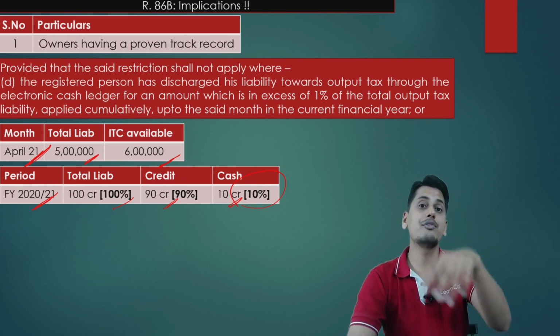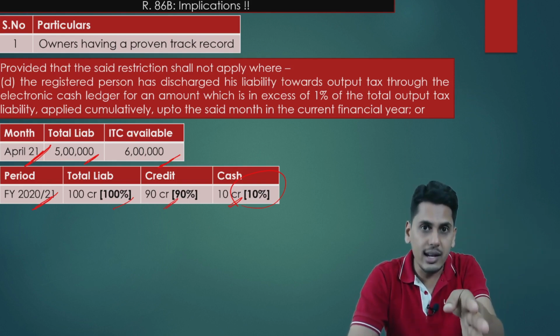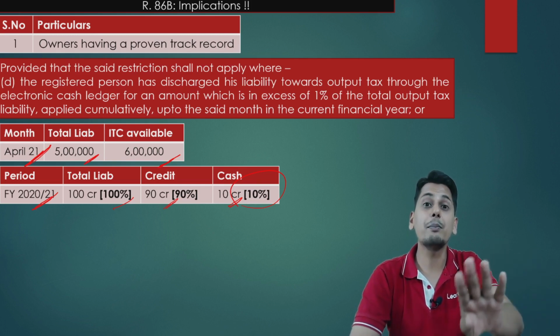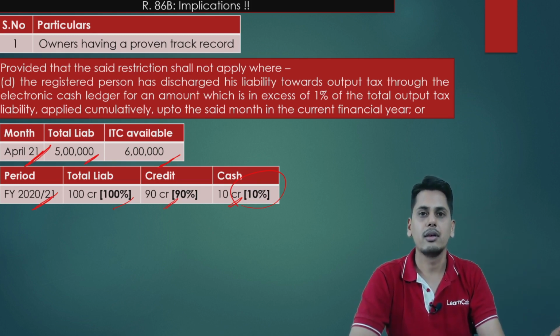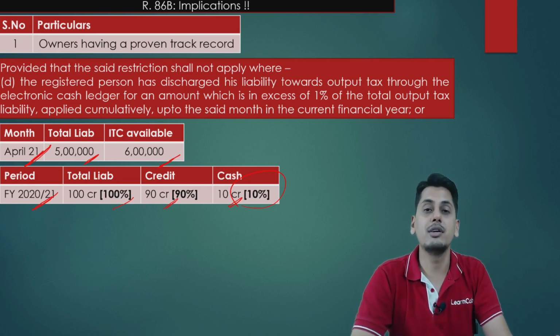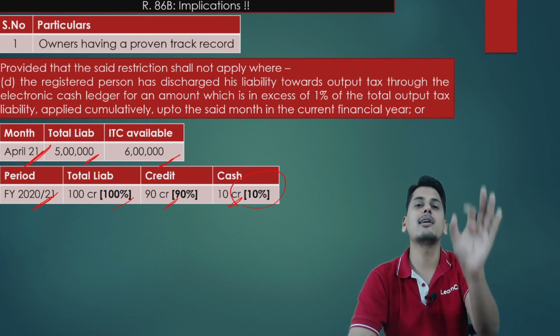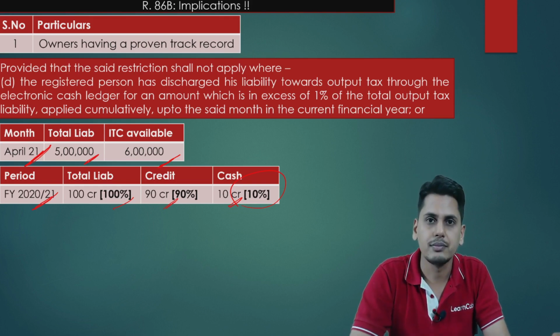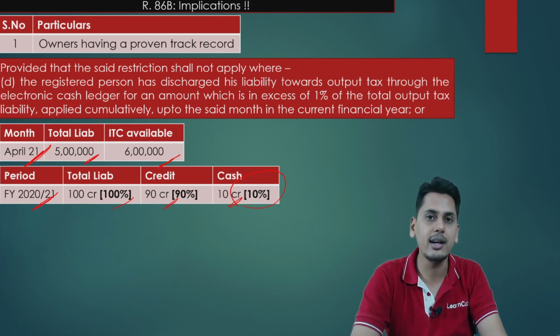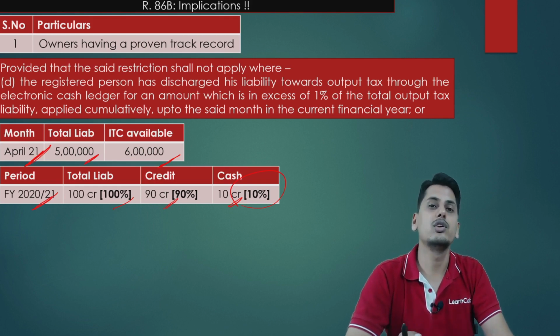For the relaxation of refunds, if you have already obtained a refund of greater than 1 lakh rupees in the preceding financial year, if you had made zero rated supplies under LUT, or if your tax structure was inverted duty structure, and you got a refund of rupees 1 lakh from your unutilized input tax credit, then in the current financial year you need not comply with 86B.